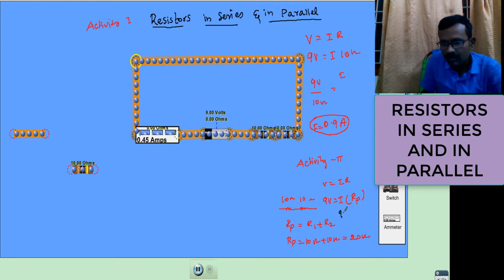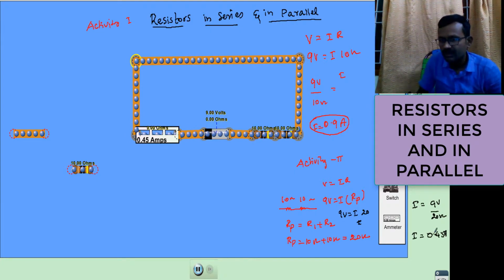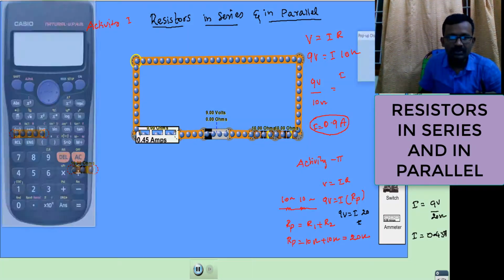9 volt is equal to I times 20. So I is equal to 9 volt by 20 ohms. We get I is equal to 0.45 ampere. We can use the calculator to arrive at this value.